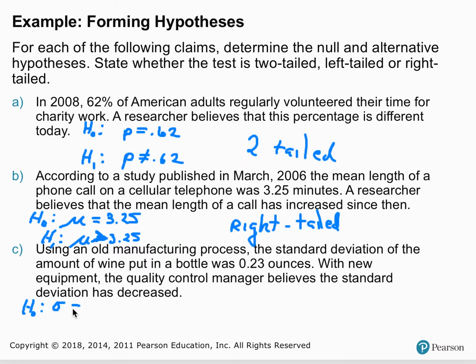And you're right, the null hypothesis is always the one that's equal to the current value. What's your alternative hypothesis? Yeah, that the standard deviation has gotten smaller than 0.23. Okay, less variability. You've gotten better equipment. So we're hoping that it made that variability smaller. Right-tailed or left-tailed or two-tailed test? You got it, left-tailed.